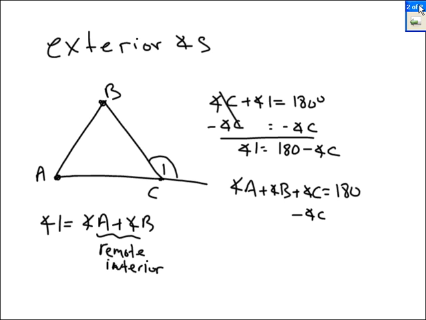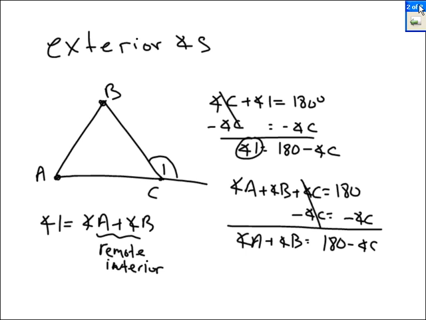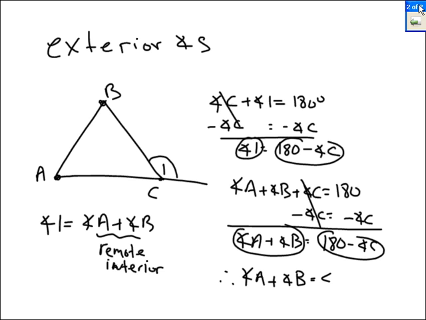If I take away angle C from both sides, I get that angle A plus angle B also equals 180 minus angle C. If two quantities equal a third quantity, we can conclude, therefore, angle A plus angle B is equal to angle 1.